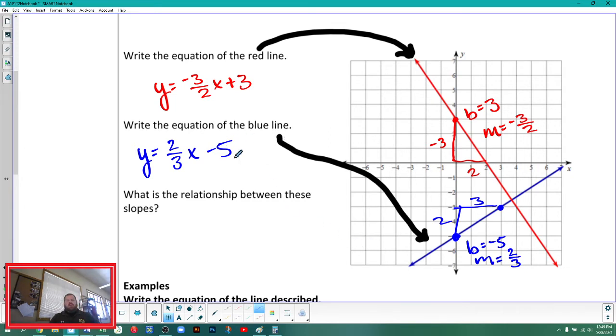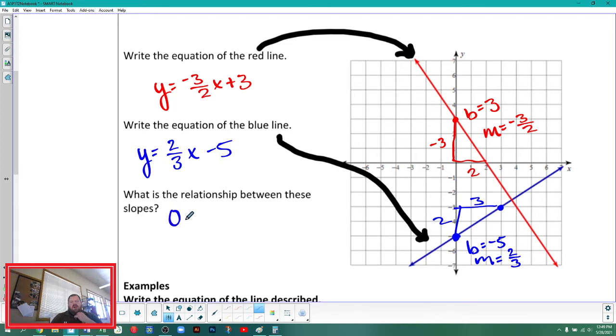And so looking at what we have, what's true about these two slopes? How do I turn one of these slopes into the other one? We have kind of a mathematical description, but the better one is just physically, what happens? First off, I see that this one's negative, this one's positive.